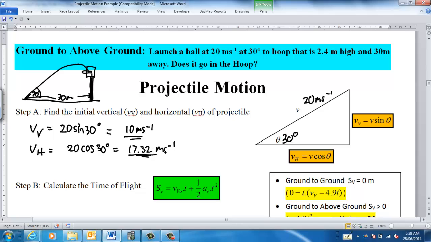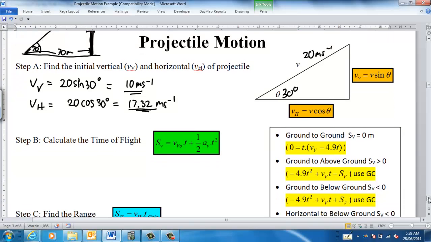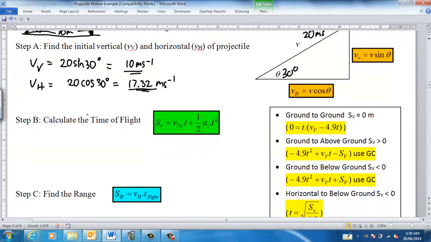The next step is to work out the time it takes to reach the hoop. We know we're going to a height of 2.4 metres, so our SV is 2.4. The initial vertical velocity is 10, we don't know t, minus 4.9 t squared.